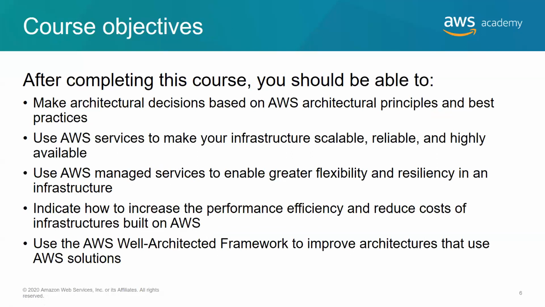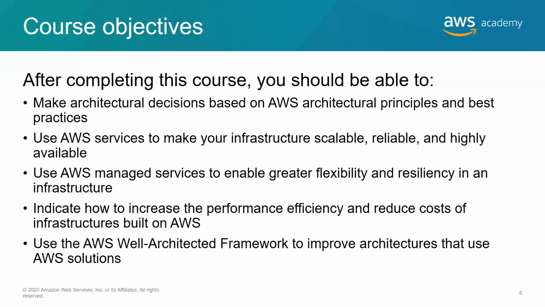The next one is to use AWS managed services. I'll tell you in detail about managed services, for example with AWS RDS, whenever I use the term managed service. We use AWS managed services to enable greater flexibility and resilience in the infrastructure.